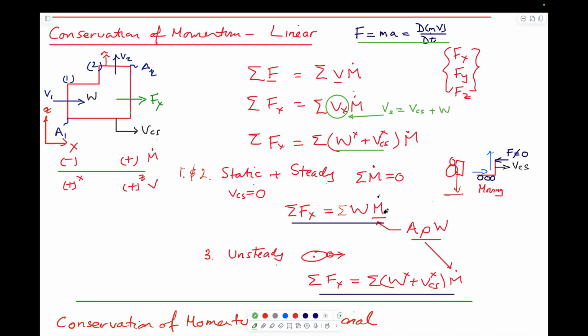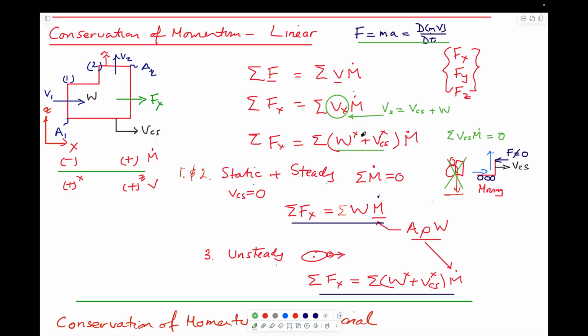If it's a steady problem, so the steady problems would be water hitting a vane. Actually, it wouldn't be. This wouldn't actually be steady. So if it's water hitting a vane, then the mass flow rate in is equal to the mass flow rate out. And if that's the case, then the product of velocity of the control surface and mass flow rate summed on all the surfaces is equal to 0.